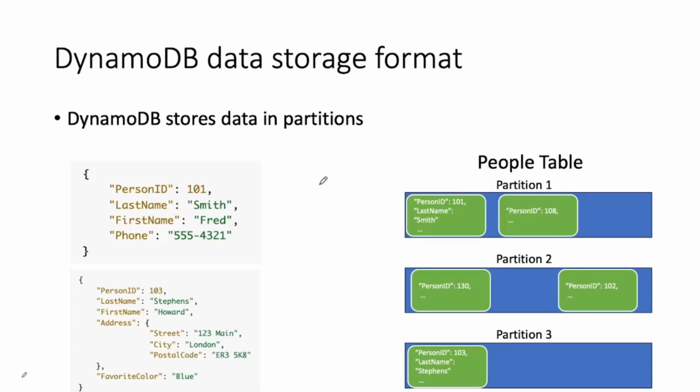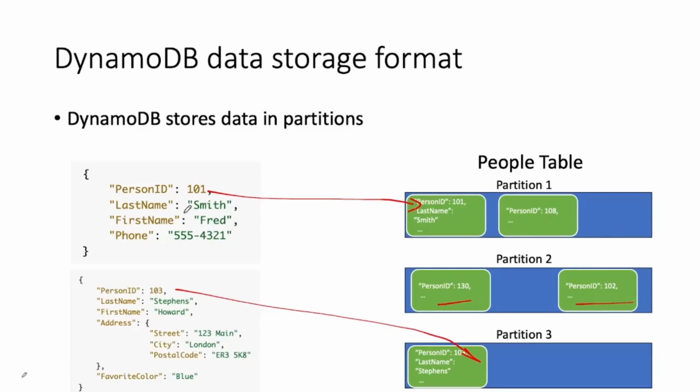Now, of course, DynamoDB being a distributed service, each partition might be on a separate host. So here, this is stored in partition 1. 103 is stored here in partition number 3. And then there are some other entries stored in partition number 2.